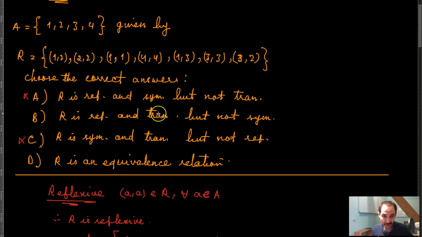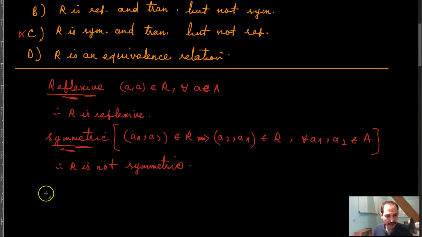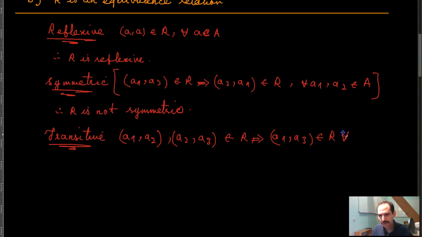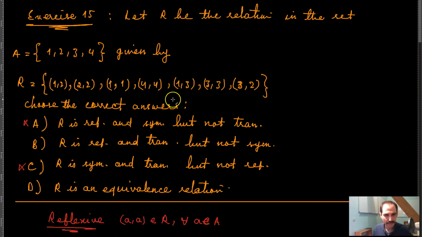So now let's see if R is actually transitive. To be transitive, the condition is that if (a1, a2) and (a2, a3) belong to R, that should imply that (a1, a3) also belongs to R for all a1, a2 and a3 belonging to A. For example, here you can see (1, 2) and (2, 2).